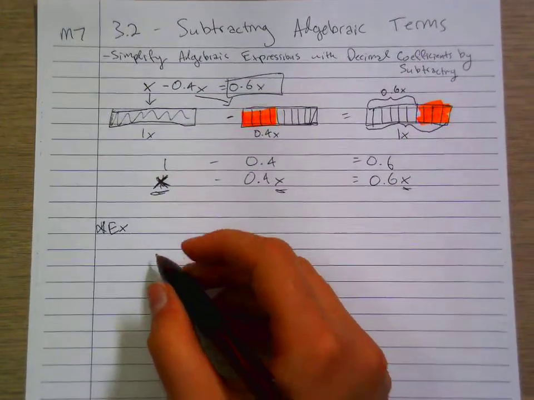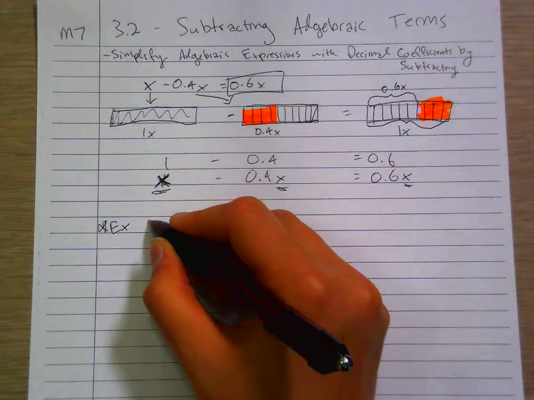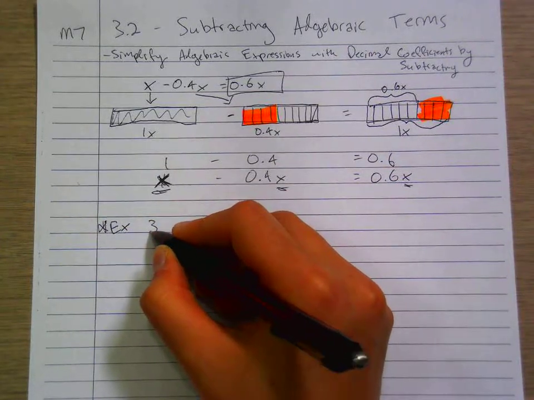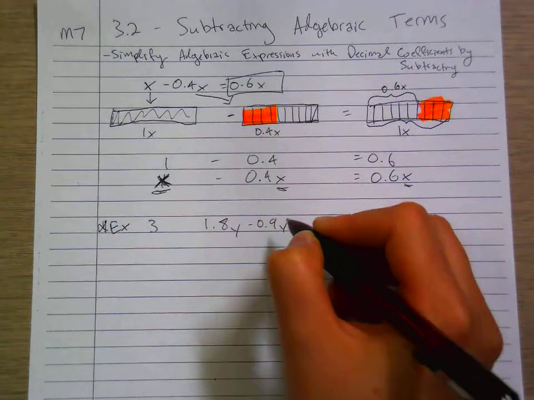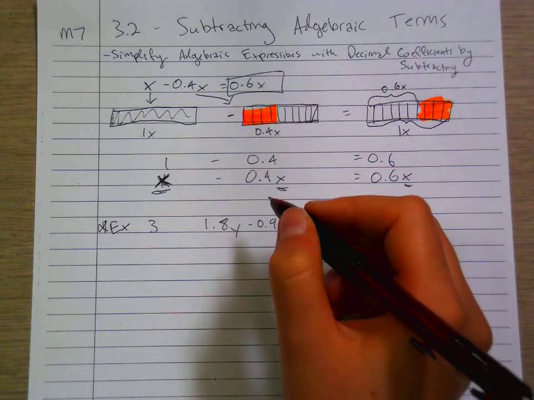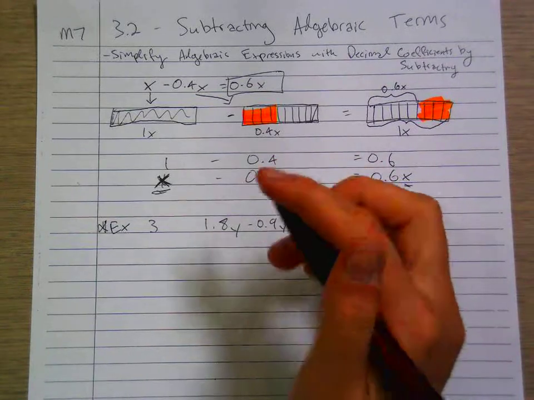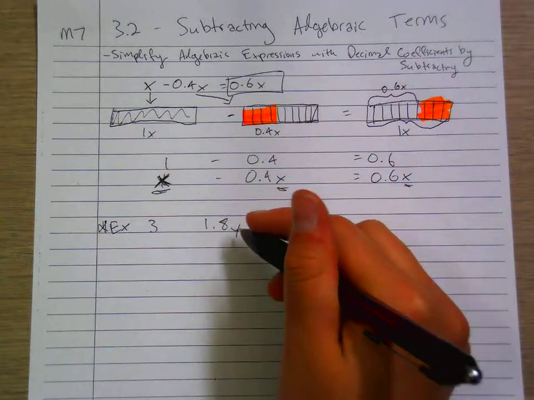Example 3. 1.8y minus 0.9y. Again, the actual variable does not change what you're doing. It's still either x or y, that's a variable.